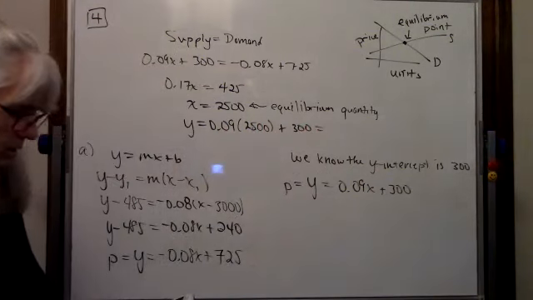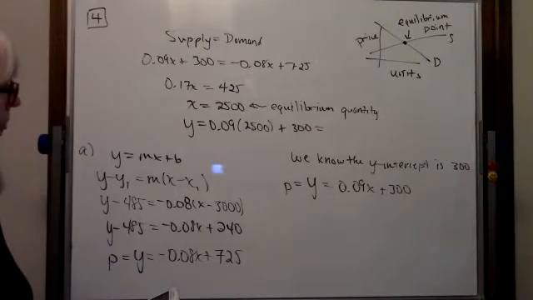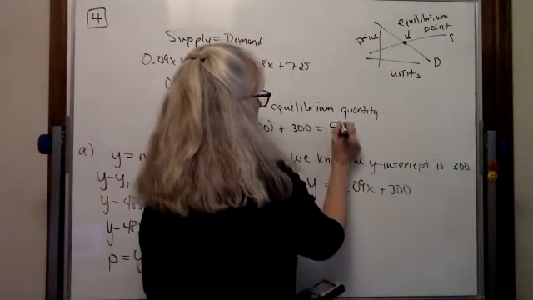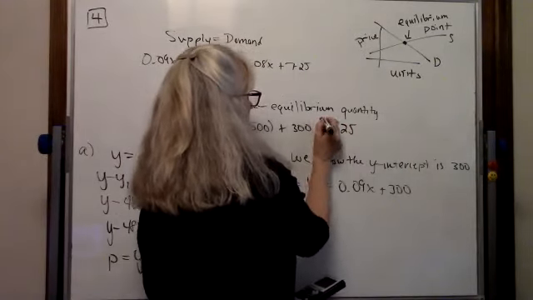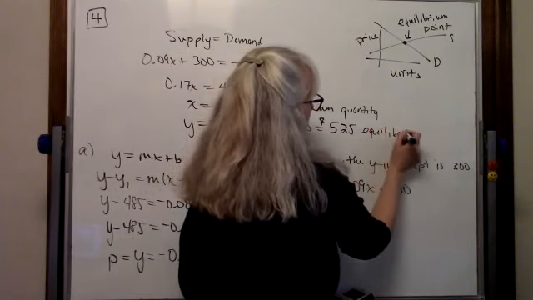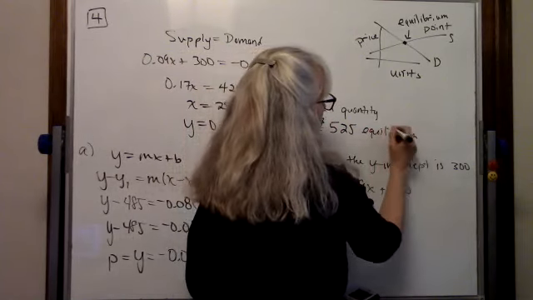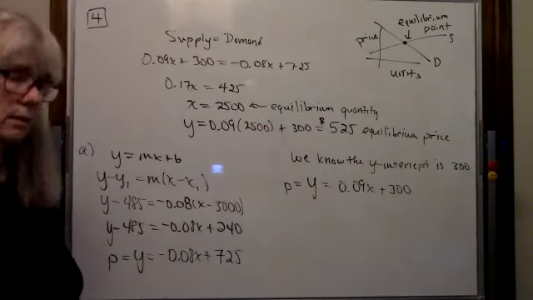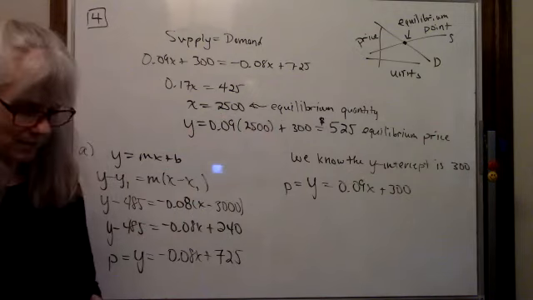So 2,500 times 0.09 plus 300 gives us 525. And that would be the equilibrium price. So we just found the point of intersection between our supply and our demand lines. So to answer the question, the equilibrium quantity is 2,500. The equilibrium price is 525.